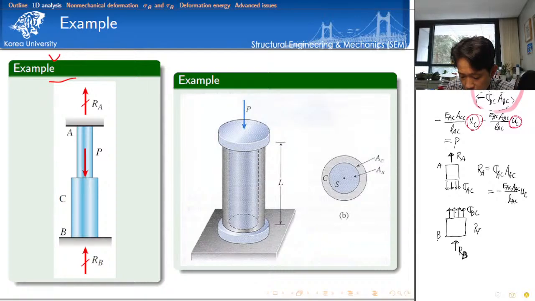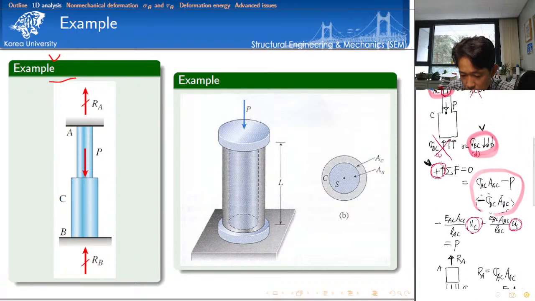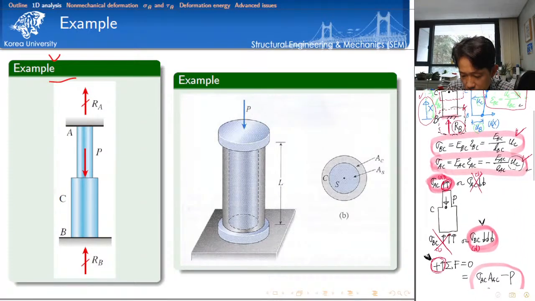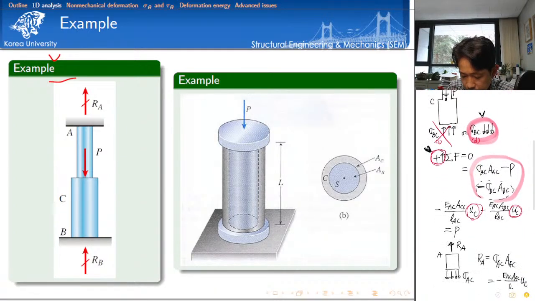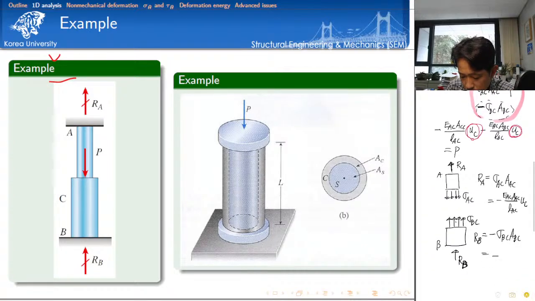RB is equal to minus sigma BC times the cross-section area of the BC. And this is equal to, where's the information of sigma BC? The information of sigma BC is here, okay? So this is equal to minus elastic modulus of BC, and then cross-section area divided by length of the BC times UC. So this is the finish of our analysis for this statically indeterminate structural system.